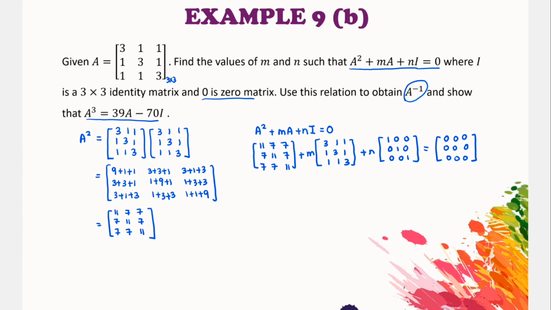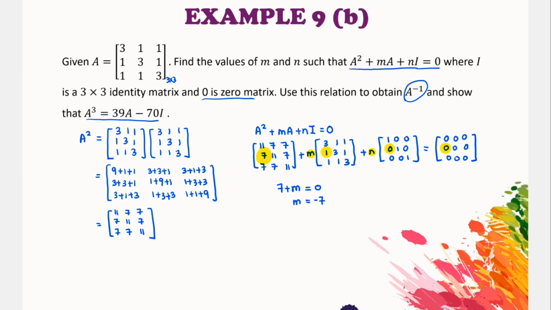So we can find the value of M and N by using this equation here. 7 plus M multiplied by 1 is M, plus N multiplied by 0 is 0, will be equal to 0. So use that relation. 7 plus M is equal to 0, so that means M is equal to negative 7.